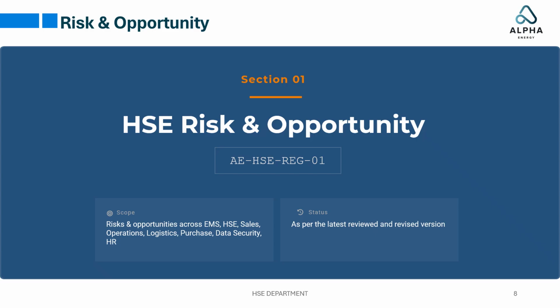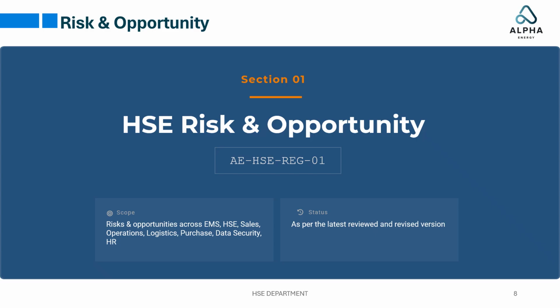Section 01 covers the HSE Risk and Opportunity Register, AME HSE Reg 01, which addresses the identification and management of risks and opportunities across multiple organizational functions. The scope of this register includes areas such as Environmental Management System, EMS, Health, Safety and Environment, HSE, Sales, Operations, Logistics, Purchasing, Data Security, and Human Resources.